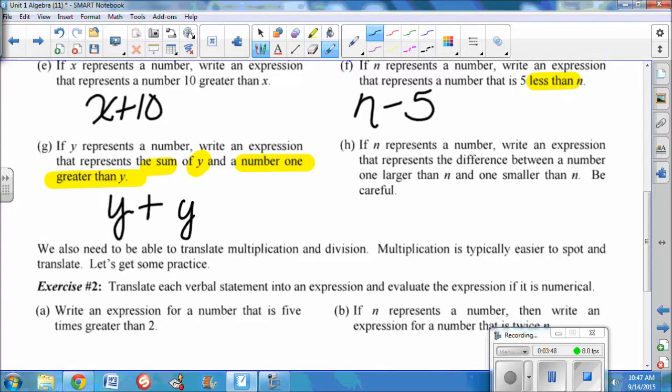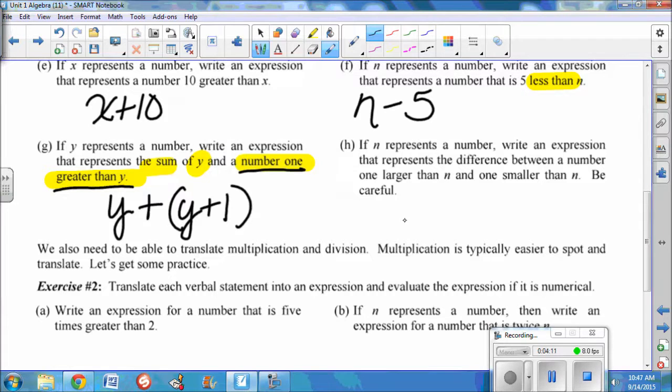So a number 1 greater than y would be y plus 1. I put parentheses in it just to show that that is a number 1 greater than y. So y plus 1, or 1 larger than y, is being added to that number y.